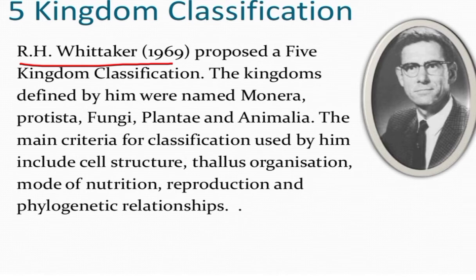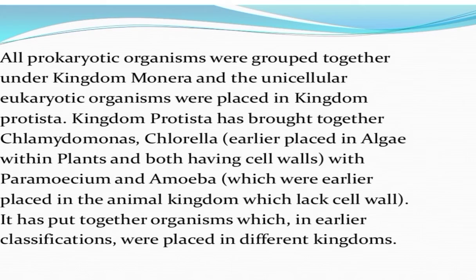A separate kingdom, Monera, including prokaryotes, has been created. Monerans differ from all other organisms in their cellular, reproductive, and physiological organizations. The five kingdom classification system is based on cellular organization, the mode of nutrition, and complexity of structure.